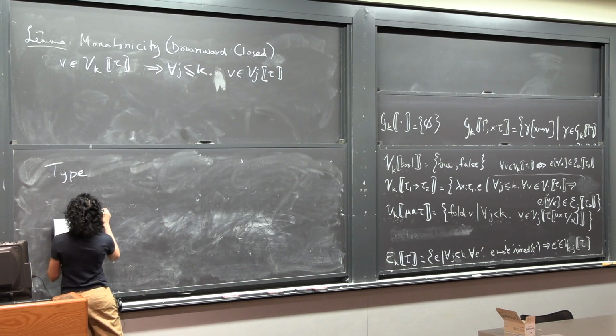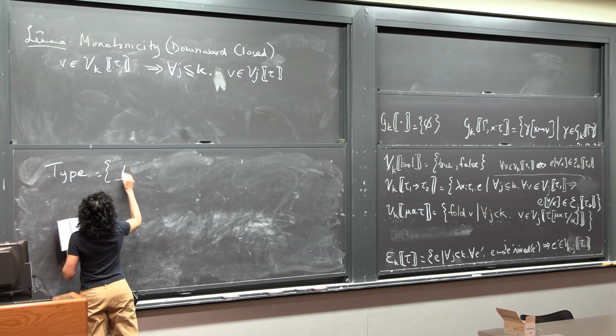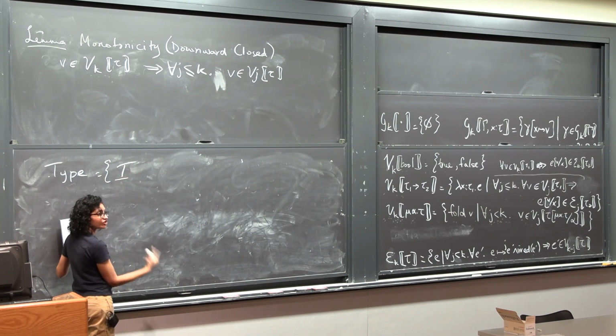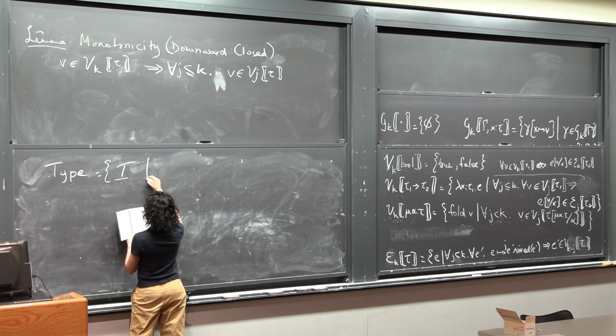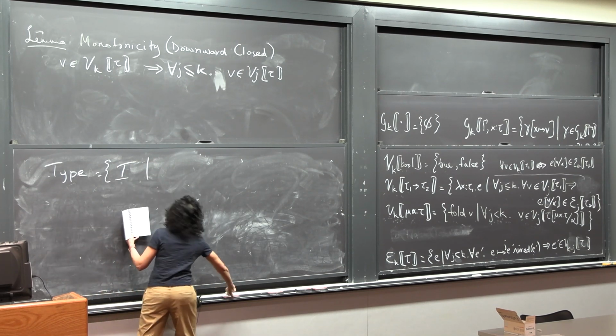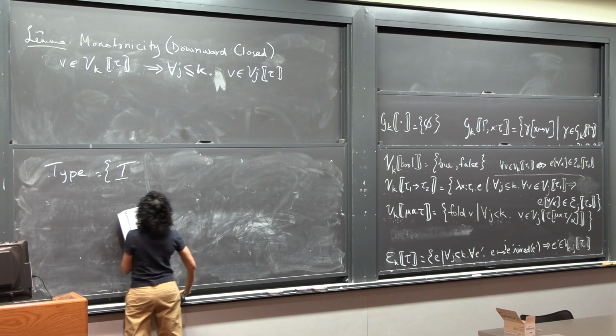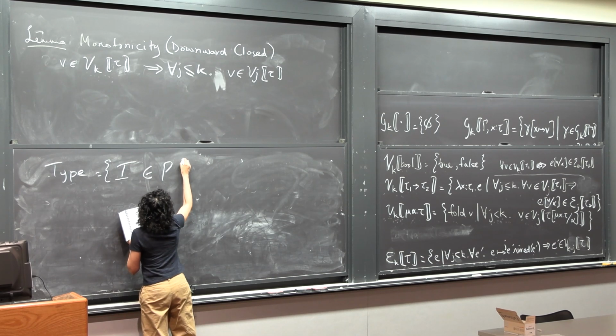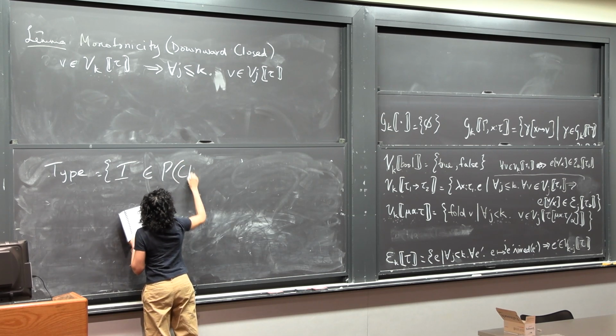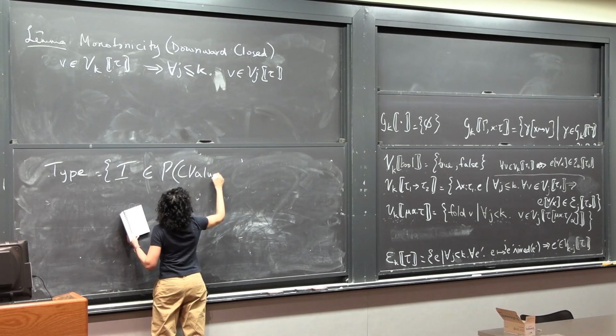Okay? So I'm going to say that this contains I. I is an interpretation of types. So on day one, I was just a set of closed values. Okay? On day one for STLC, interpretations of types were just power set of closed values.